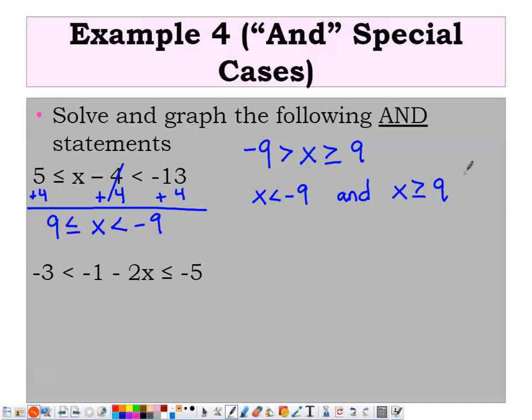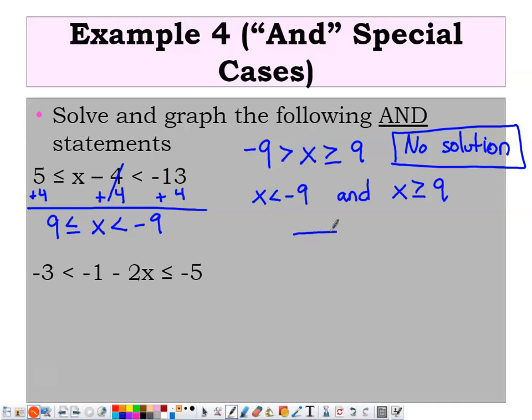Are there any numbers that are both less than negative 9 and at the same time greater than 9? There are no numbers like that, right? So this is no solution. There's no number that is both less than negative 9 and greater than or equal to 9.